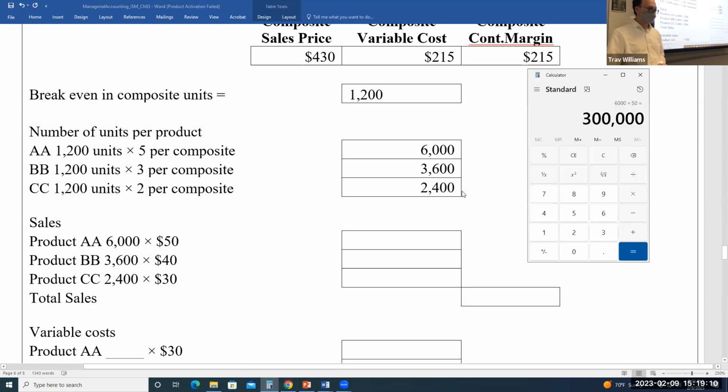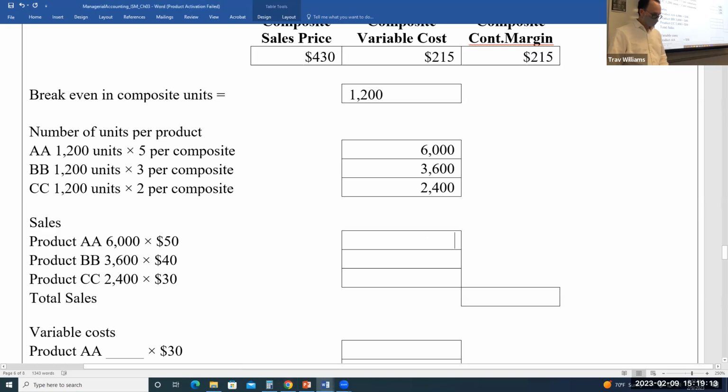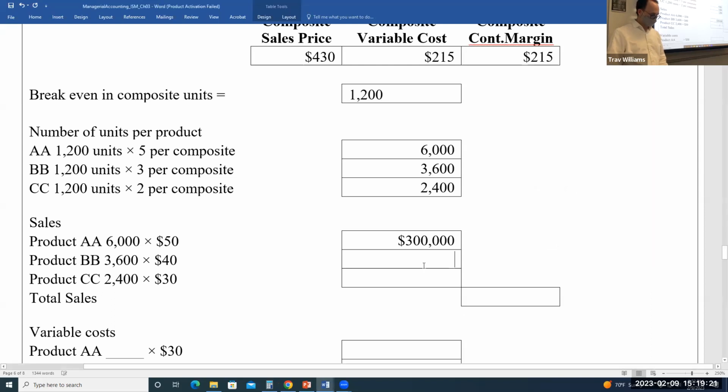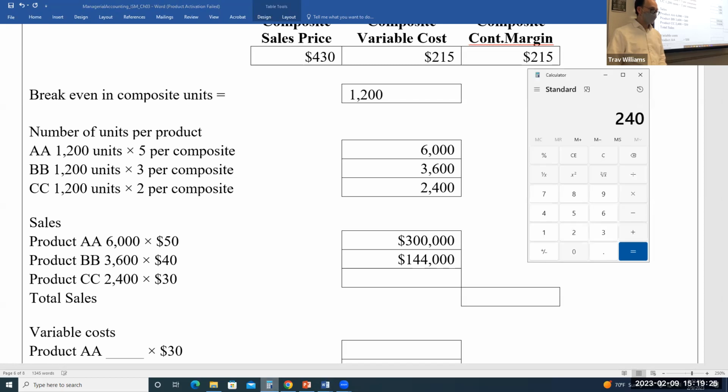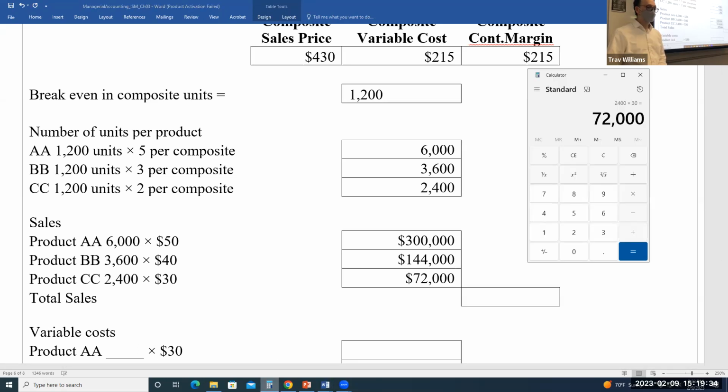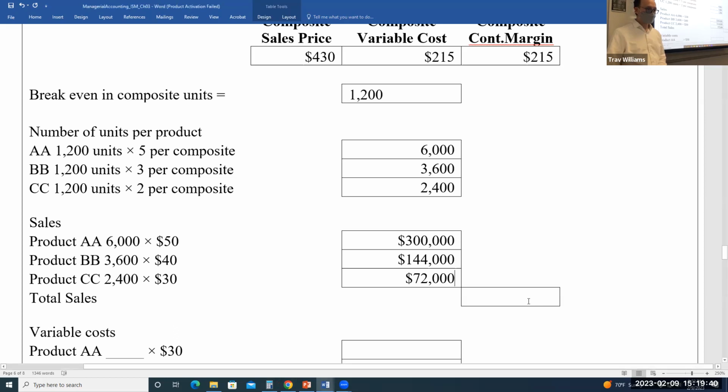You got 300,000, $144,000, and 72,000. Okay. So we can add this all together. Then we know how much revenue we need to break even. $516,000.